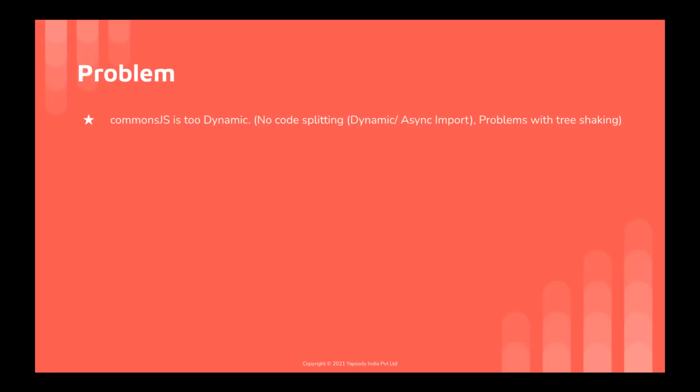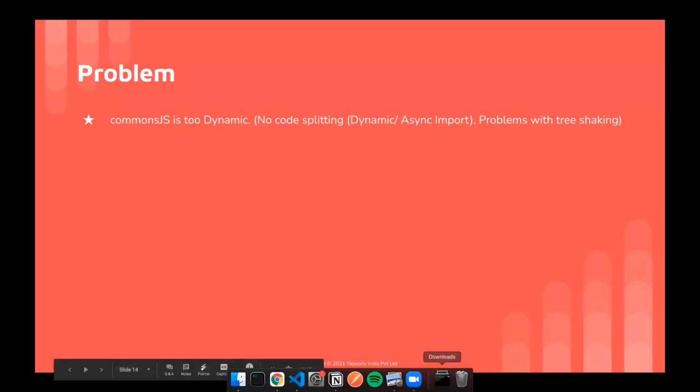But even with running CommonJS in a browser environment with a module bundler, there was still a problem. CommonJS is too dynamic, with no code splitting. You cannot do async import, and there's a problem with tree shaking.